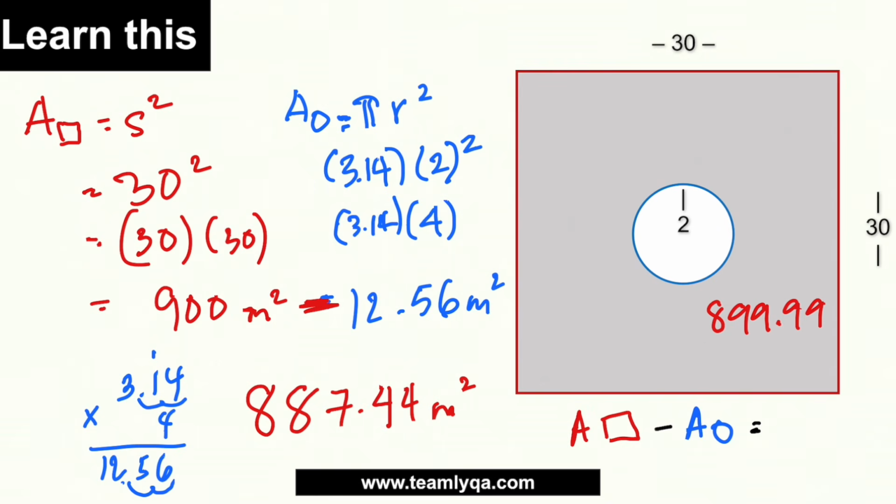The way that I did that is, babawas ko lang din to ng isa. So, gagawin ko lang siyang minus 12.55. Okay? Parang basically, yung 900, minus 0.01 ko, ito minus 0.01 ko din, para pantay pa rin siya.